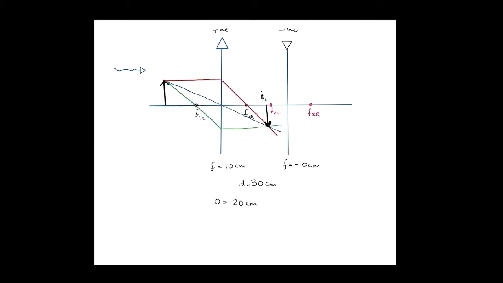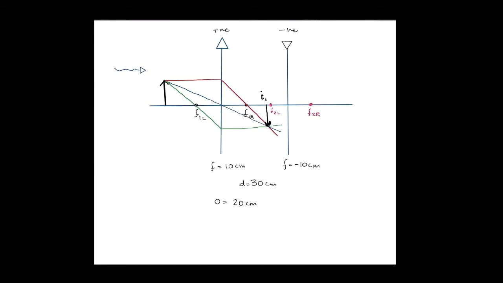Now, when you do this kind of problem, ignore everything that has to do with the first lens and only focus on the second lens. So again, we'll start with our parallel ray, which means it should start parallel to the optical axis. I'm going to make that ray pink now, just to tell you the difference between the two.